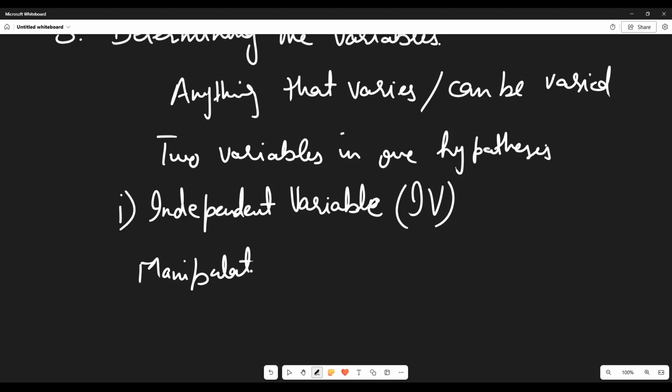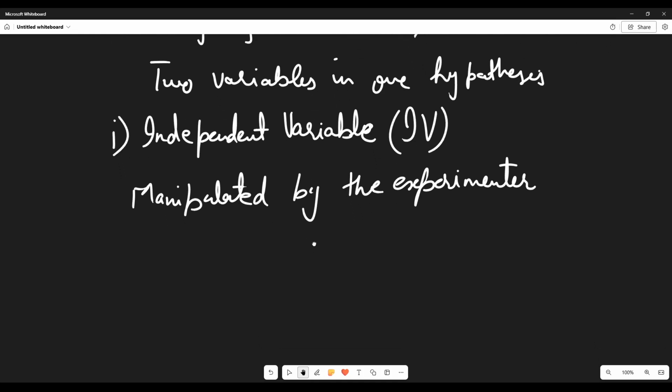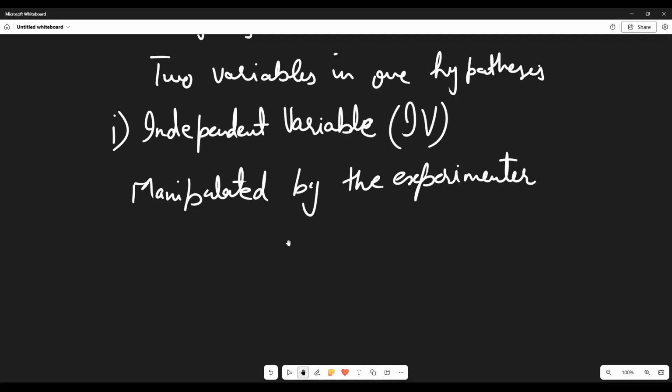The experimenter manipulates them or changes them to see their effects. For example, in our hypotheses that we have mentioned above, the IVs are unhygienic food, exposure to sun, and short breaks.